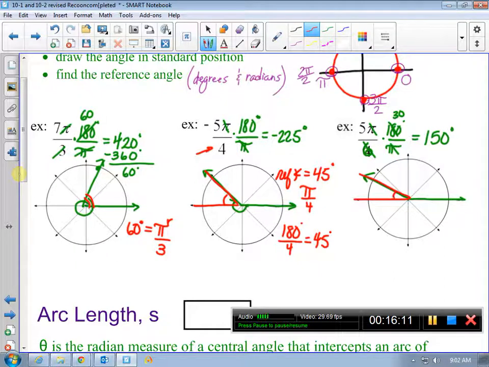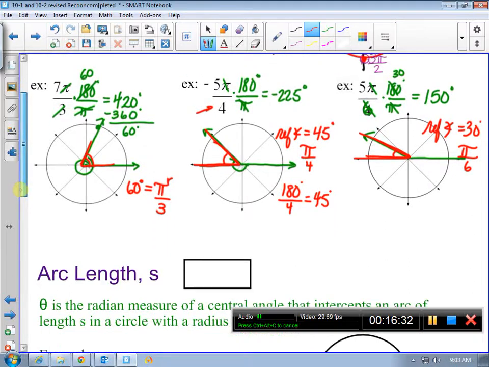Our reference angle with the x-axis, remember reference angles are always with the x-axis, would be 30 degrees, which is pi divided by 6.